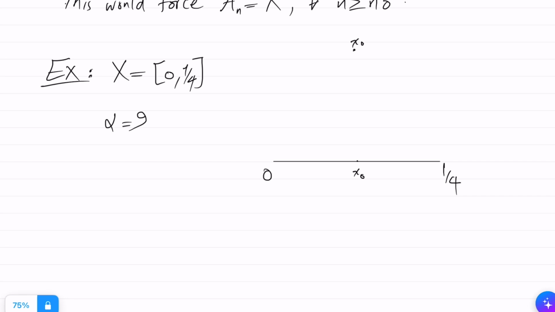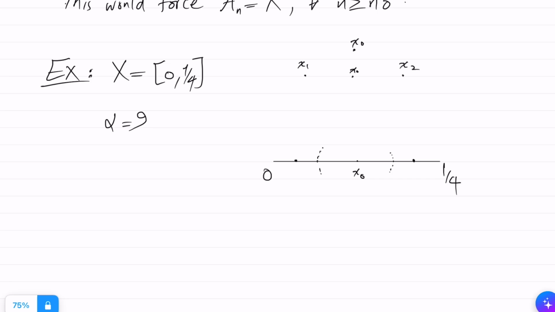Now for A1, first of all, you need to pick x naught. But if you take radius of 1/9, you go less than halfway to here on each side. So you need to add more points to cover things. Probably you need something here and something here. Maybe then you have x1 here and x2 here.